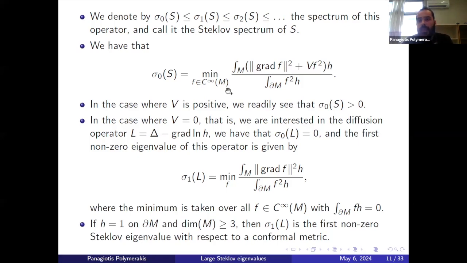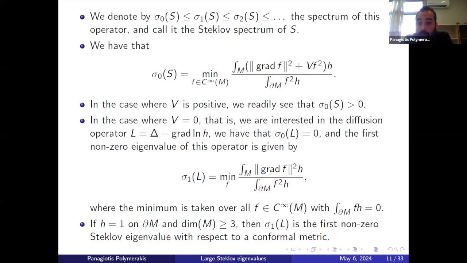However, exactly as in the case of the Steklov spectrum, it turns out that given a smooth function on the boundary, the numerator is minimized by the S-harmonic extension of it. So here, taking the minimum over all smooth functions and over all S-harmonic functions is actually the same thing. So we have this expression for the smallest eigenvalue, and we see that if the potential is positive, then the smallest eigenvalue is also positive.